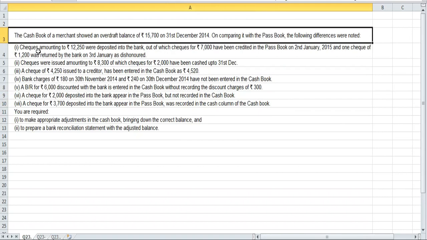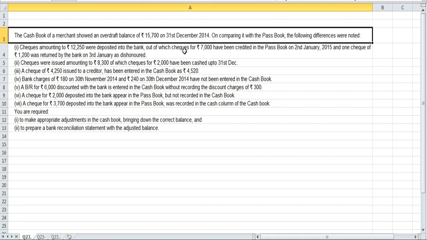Second, checks amounting to 12,250 were deposited into the bank, out of which checks of 7,000 were credited in the passbook on 2nd January, and one of the checks for 1,200 was returned by the bank on 3rd January as dishonored. So here we have deposited money in the cash book.